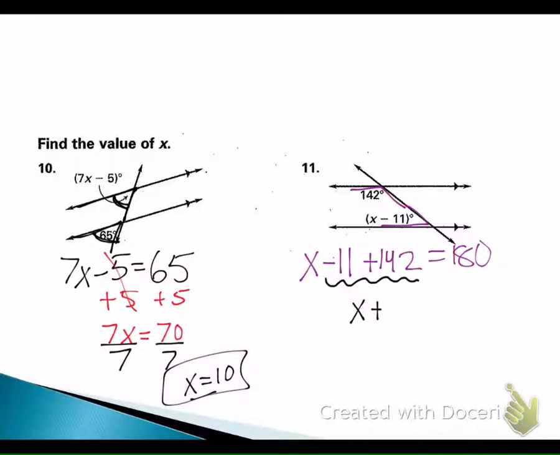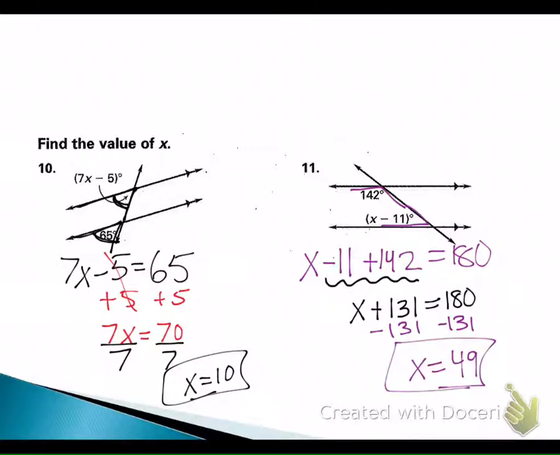So x plus 131 equals 180. Let's subtract 131. What does x equal? 49. Perfect. Awesome. I am impressed.